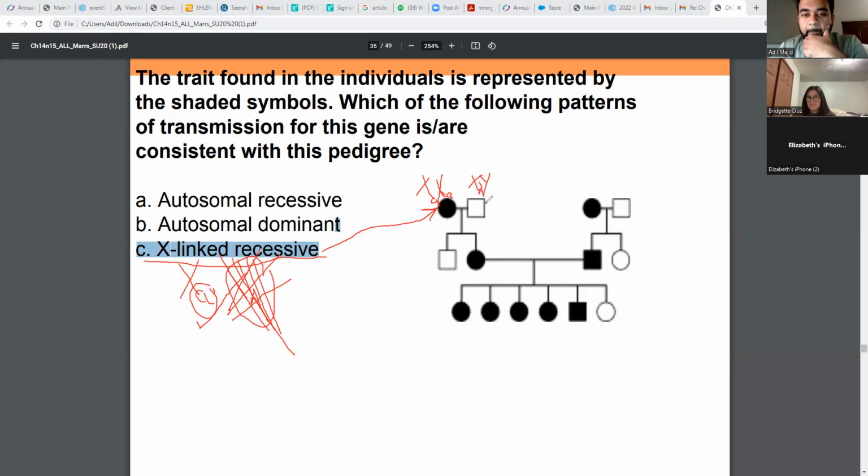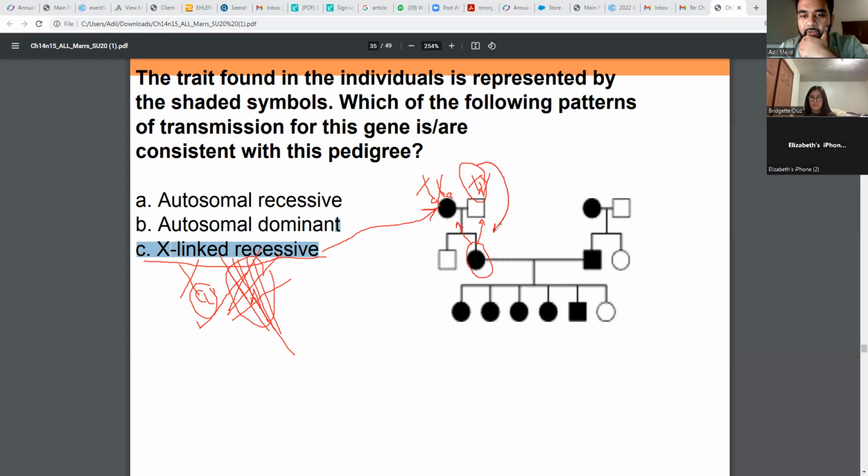Okay? So now this person, this daughter, this is a female, right? This female is going to get one X from here and one X from here, right? The only X this dad has to give is this one right here, right?